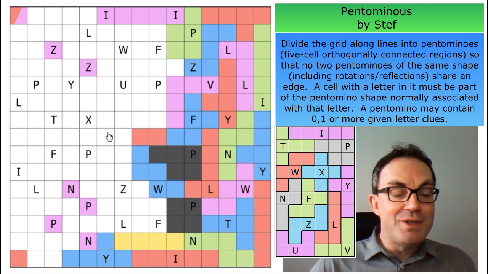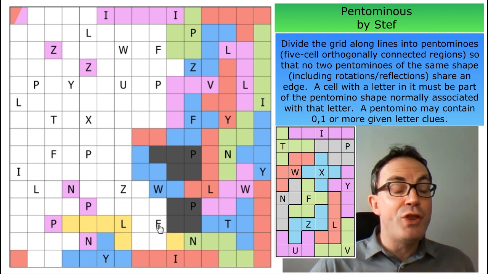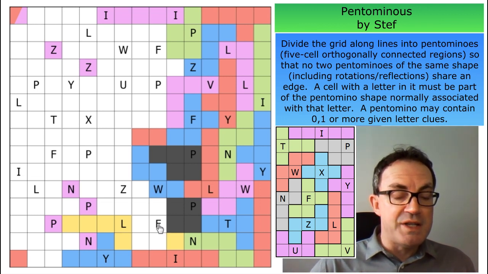So how are we going to do that? It's quite difficult to do. We can take one of these squares with the L by doing that. So one of them can be an L, one of them can be a P, if we do that with the P, and 2 of them can be the F in theory, but not in practice.